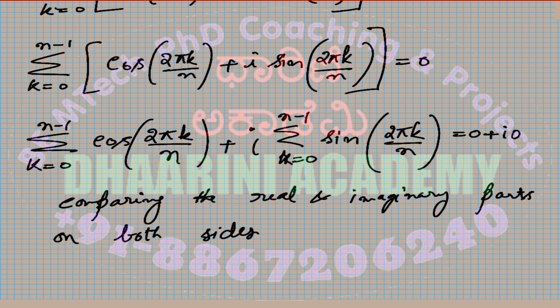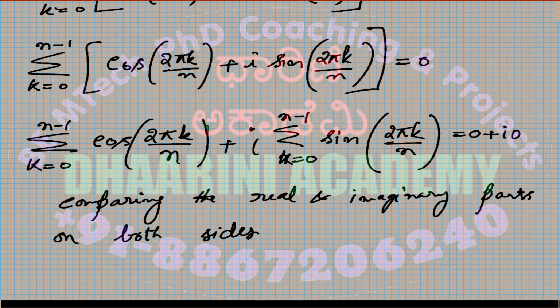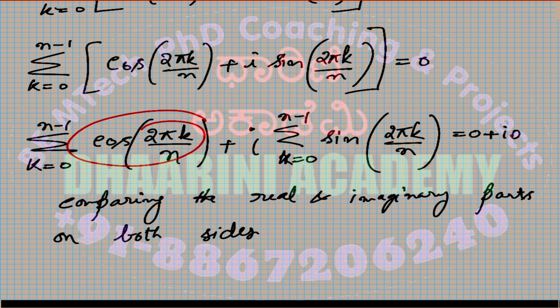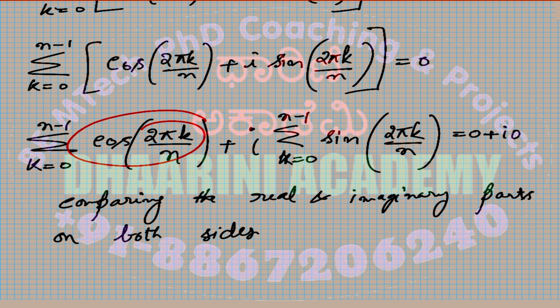So I'll highlight once again. If I want to compare the real parts, I'm supposed to compare the summation of cosine values. Let's compare the sum of the cosine values like this. I'll use a different color. So this has to be equated.